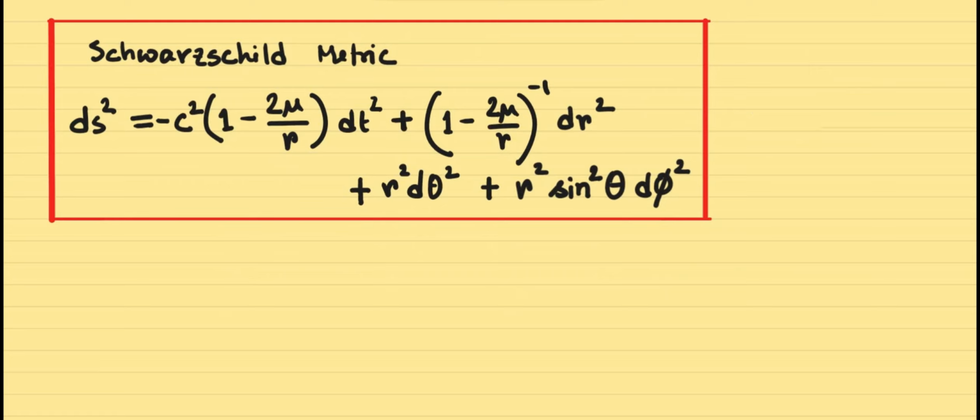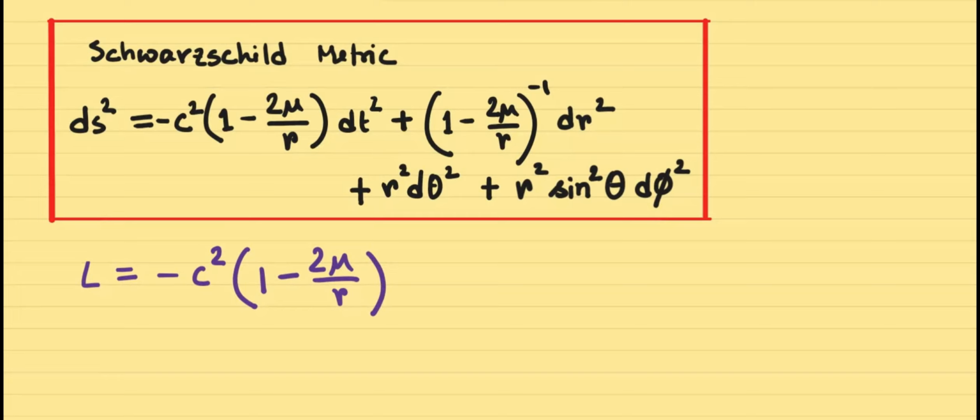So as we have just explained, this is the Schwarzschild metric, and there should be a corresponding Lagrangian, and the Lagrangian should look like this: negative c squared times (1 minus 2 mu divided by r) t dot squared. So remember, t dot means dt d sigma, and similarly for all the other coordinates.